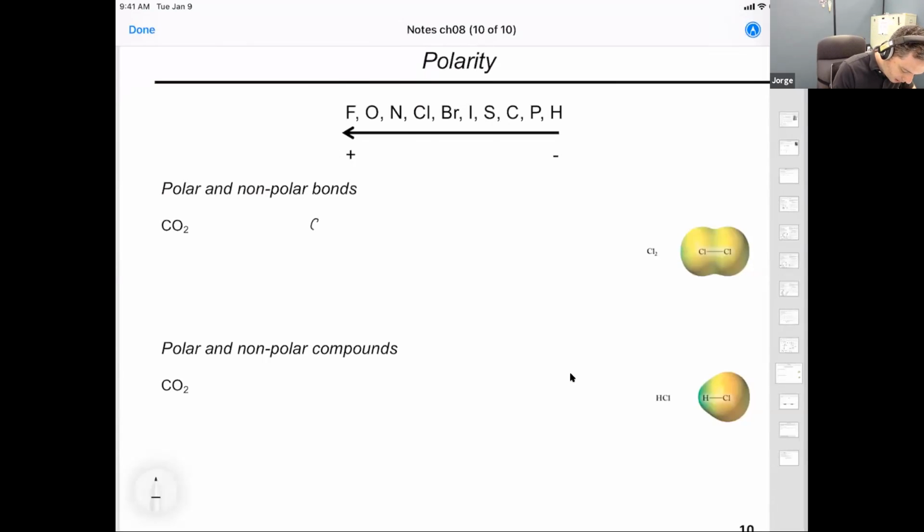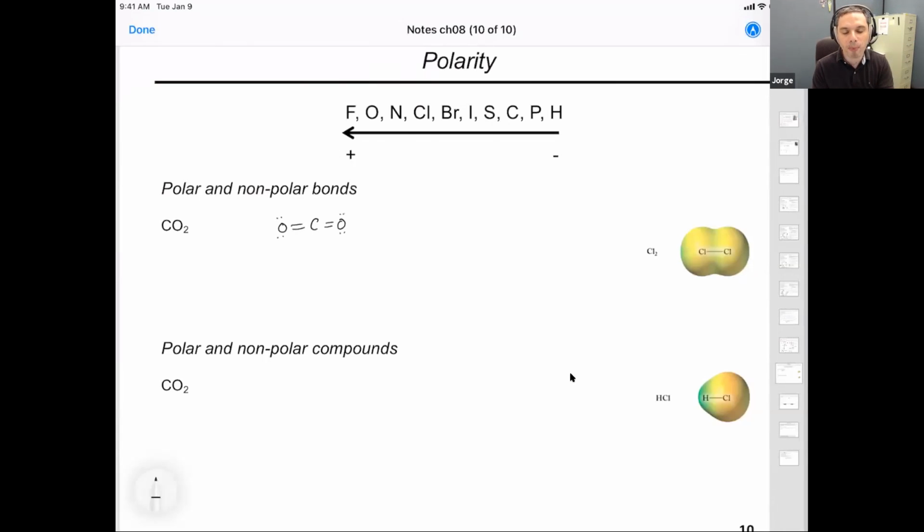It doesn't matter at this point, but CO2 has a double bond between carbon and one of the oxygens, and another double bond between the carbon and the other oxygen.